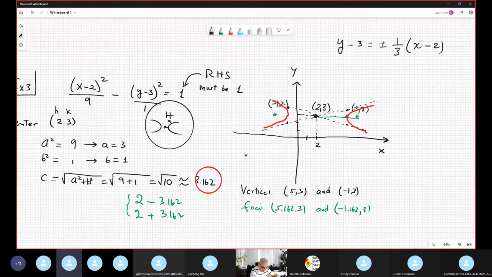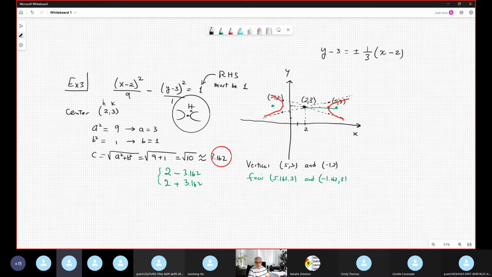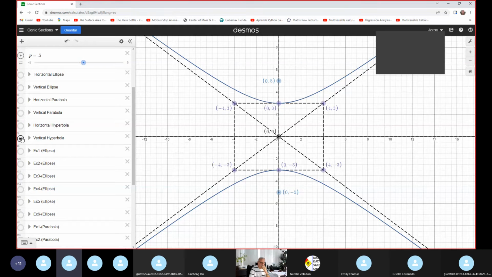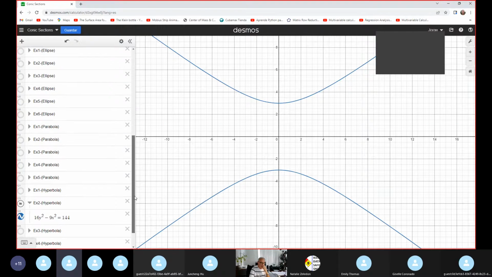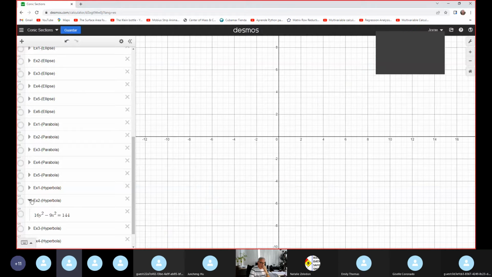Okay, let me fix it on my paper. This is 3, and this is 2. I did well, guys. Okay, ready to move into the decimals application. I want to go to example 3.